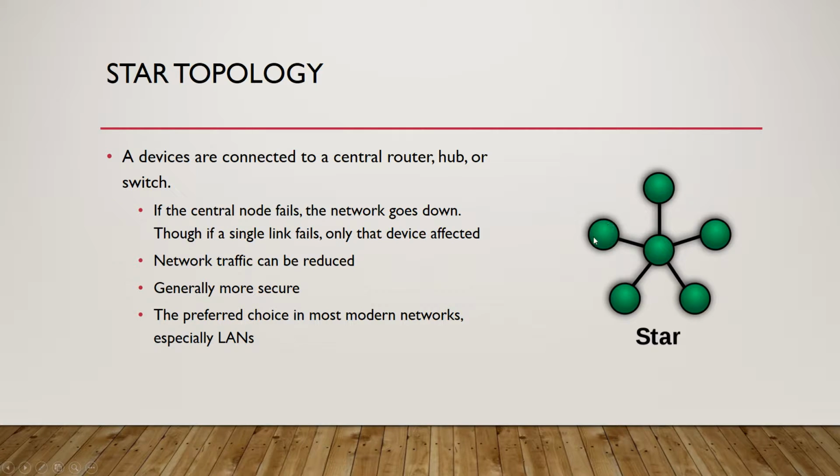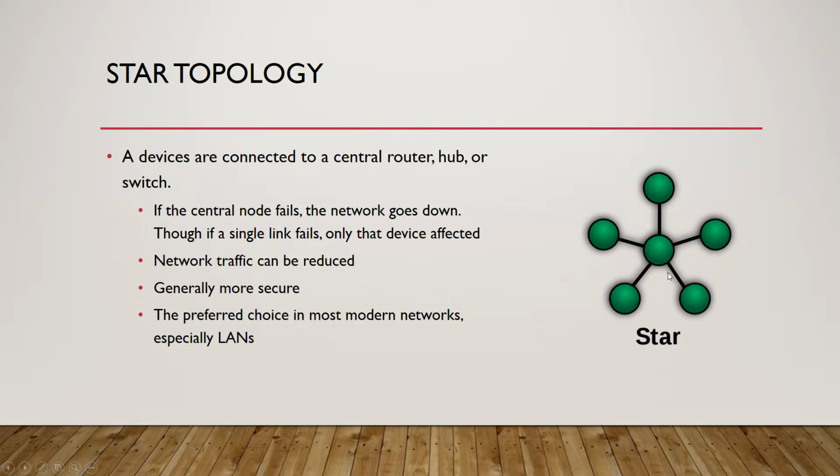And for each one of these nodes, I would draw on that each one is either a printer, a PC, a laptop, a mobile device, or something. You only need to label one of them up as a computer or a server or a printer. Central point is a router, hub, or switch. Outside devices are printers, servers, or computers.